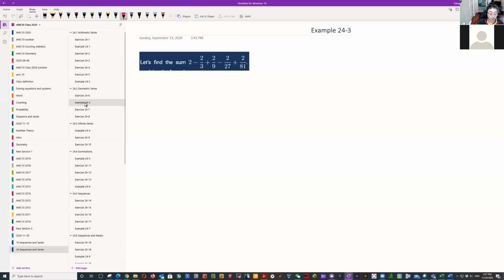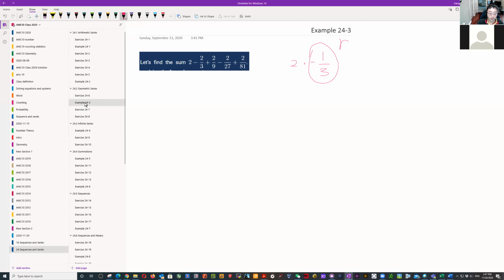The first term is 2. The second term is the result of 2 multiplied by negative 1/3. So it looks like negative 1/3 is R, the common ratio. Let's multiply the second term by negative 1/3 to see if we can reach the third term. Negative times negative becomes positive, and 3 times 3 equals 9. So indeed, it is a geometric series.